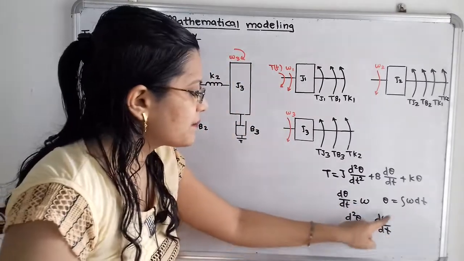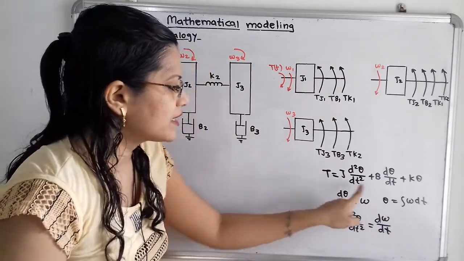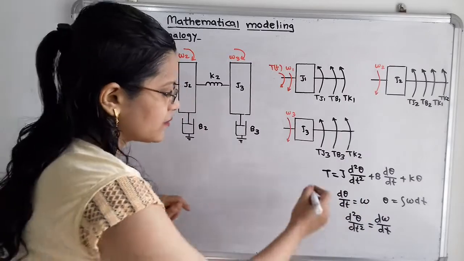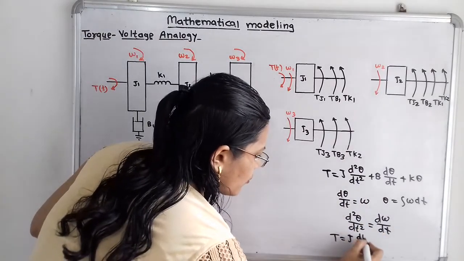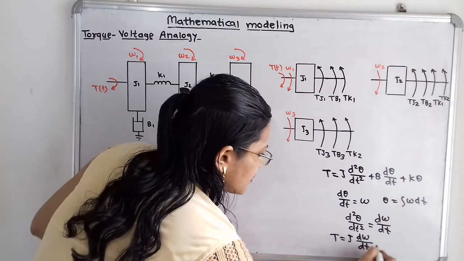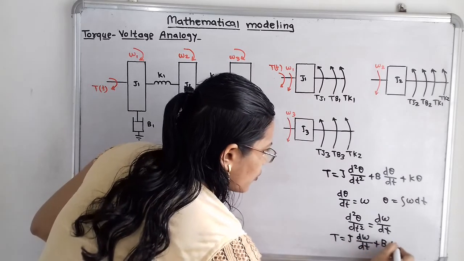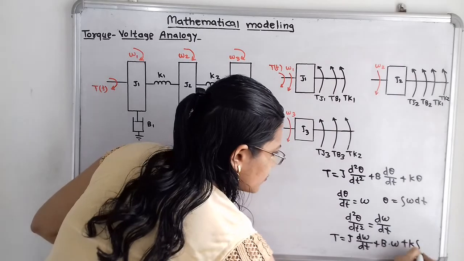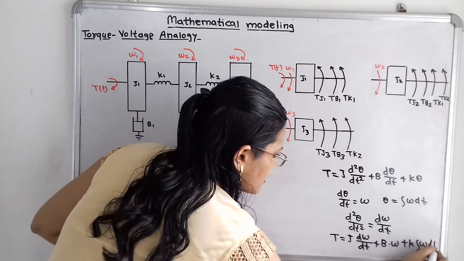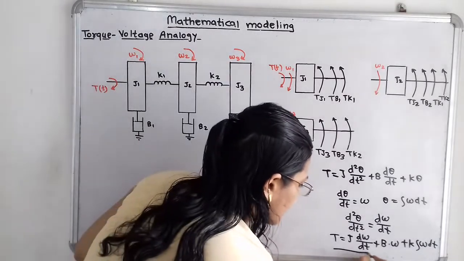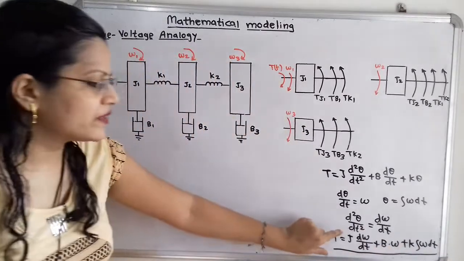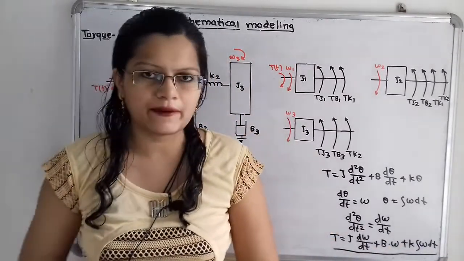So these are the replacements that we have to take here. So how can I write this equation? T is equal to J d omega by dt plus B into omega plus K into integration of omega dt. So this is the equation, so I will underline it. This is the form of equation that we have to take.